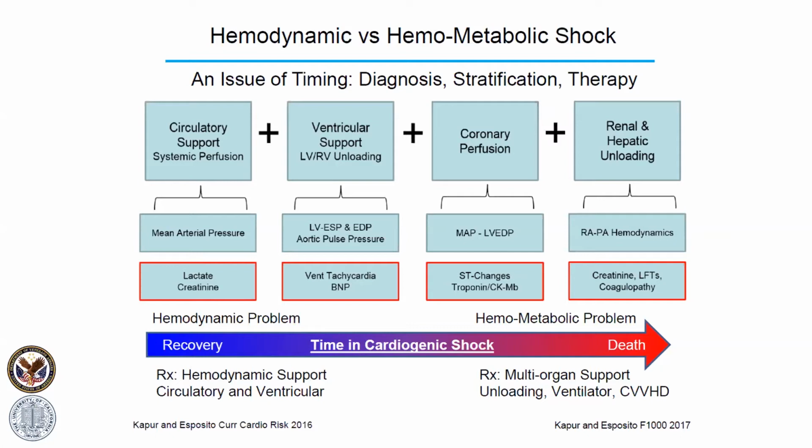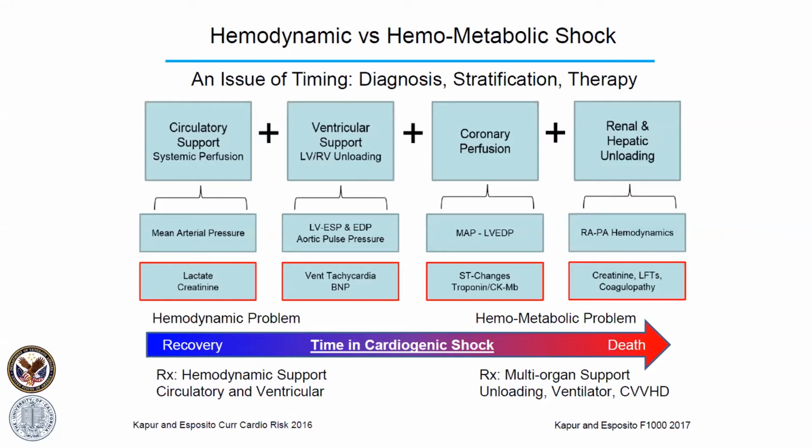Second box from the left would be ventricular support with ventricular unloading, both right and left, depending on the infarct. These are manifested by increasing end systolic volumes, decreasing end systolic pressures, and aortic pulse pressure. There may be ventricular tachycardia superimposed because of poor ventricular function, and we'll see markers of congestion like BNP increase.